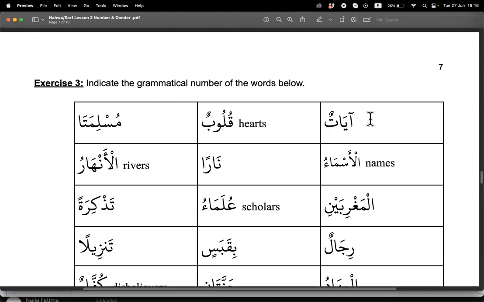How do you know this is feminine plural? Atun. What is the jar version of this word? Atin. Yes, good. Ayatin will be jar.